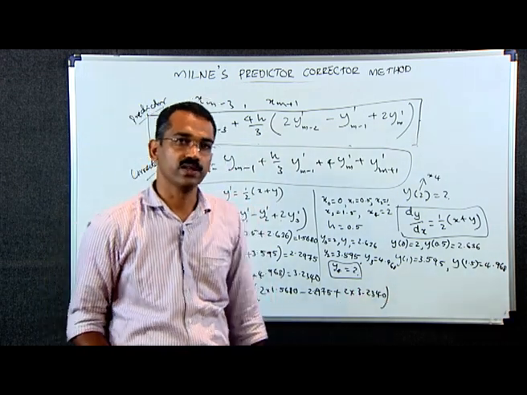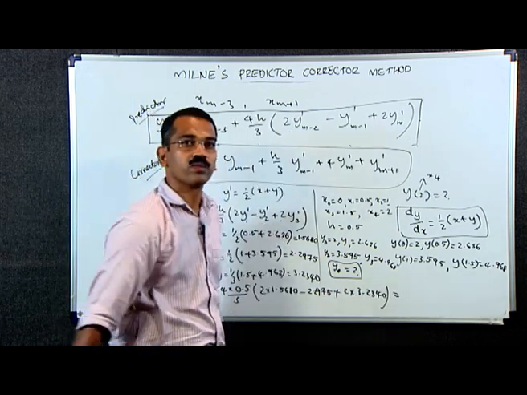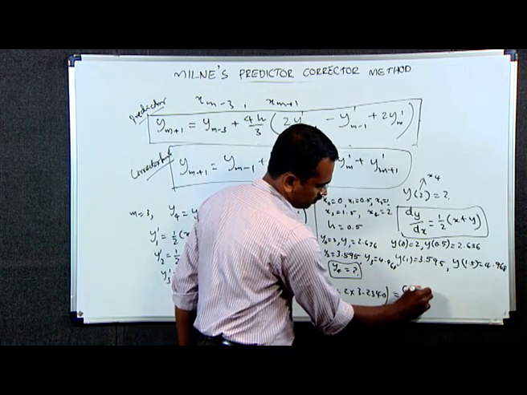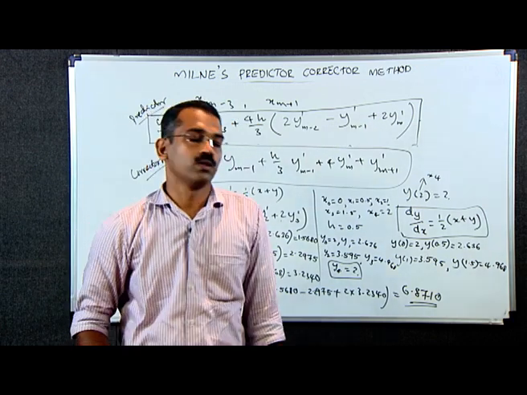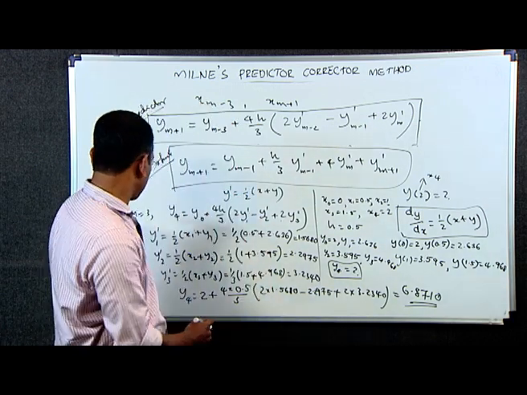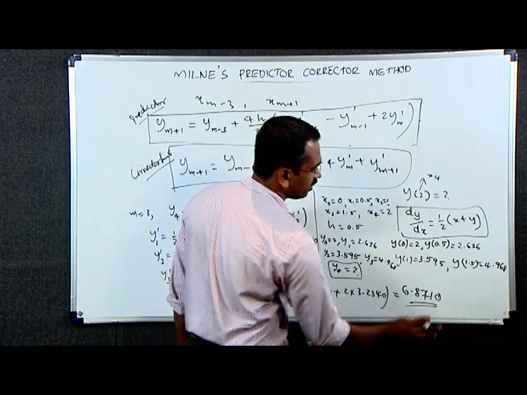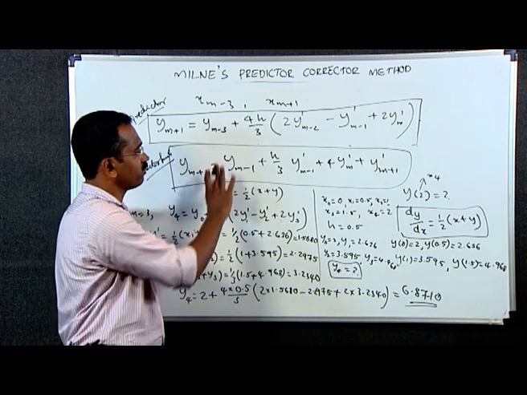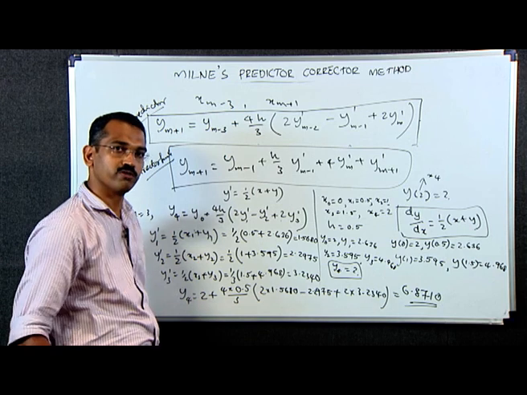On simplification, we get 6.8710. That is, the predicted value of y4 is 6.8710. Now, by using the corrector formula, we refine this predicted value of y4.